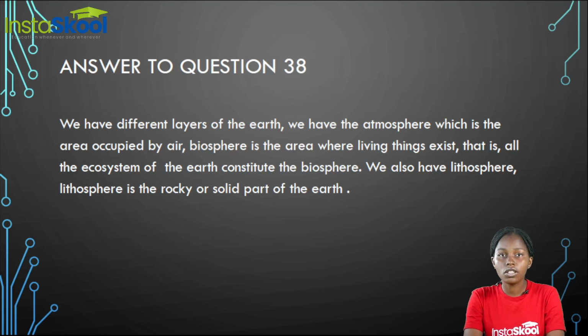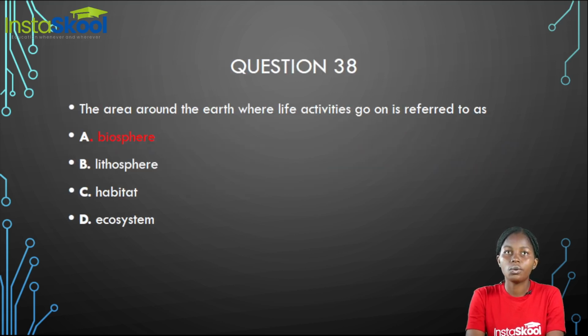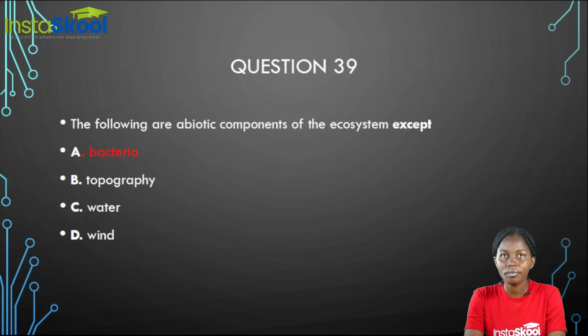The lithosphere is the rocky or the solid part of the Earth, while the biosphere is the area of Earth where living things exist. The biosphere is made up of all the ecosystem on Earth. So we can simply say that the biosphere is the area around the Earth where life activities go on. So our answer is our option A.